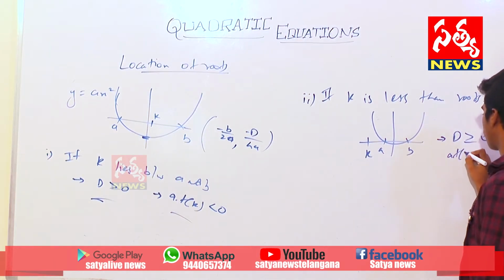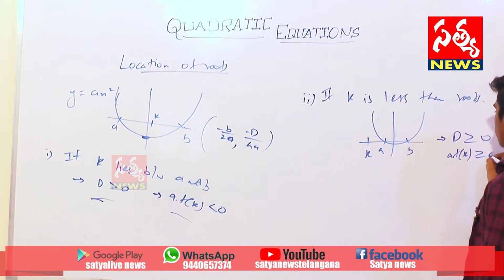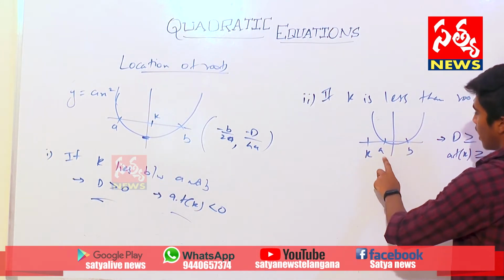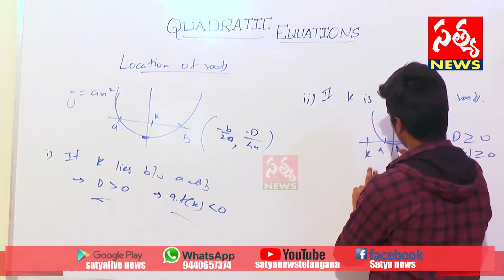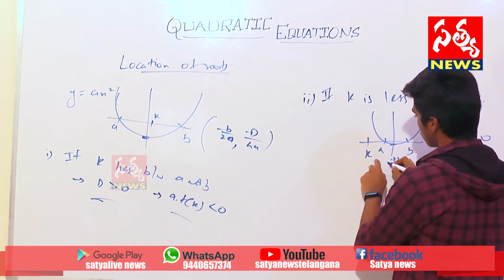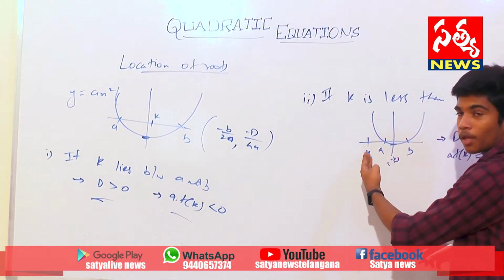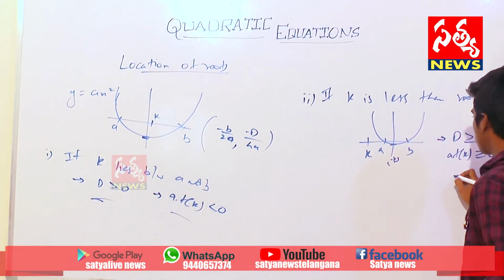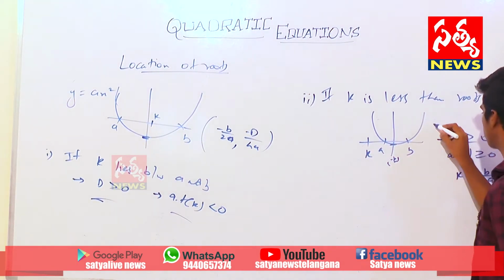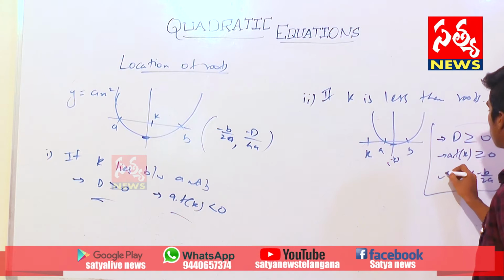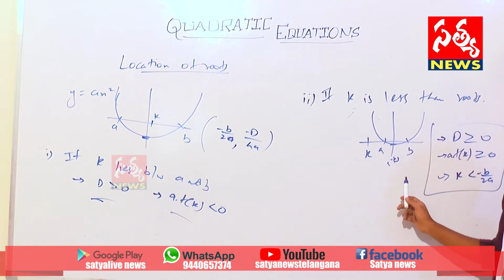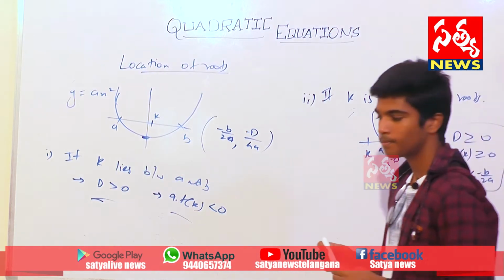A into f of k is greater than or equal to 0, and see here, this is minus b by 2a, the lowest point. So k is less than minus b by 2a. These are the 3 conditions we have to check for the constant k lying less than roots.